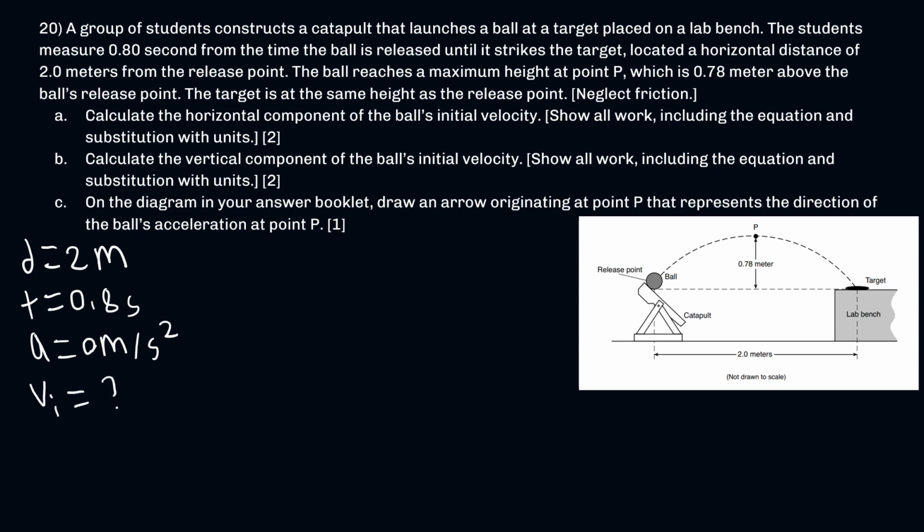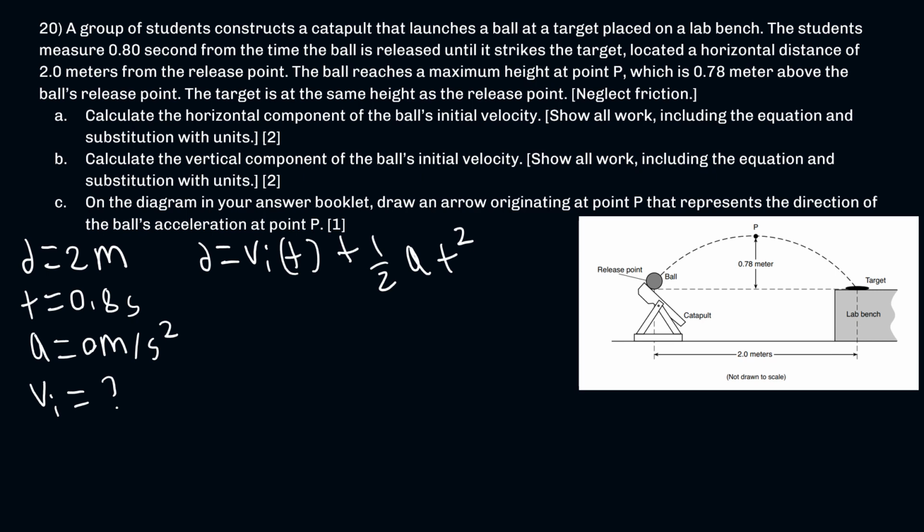So let's look for an equation that involves all of these in the reference table. I have displacement, time, and acceleration, which is a known quantity, and I'm looking for my initial velocity. This lines up with my displacement equation: d equals VIT plus 1/2 AT squared.